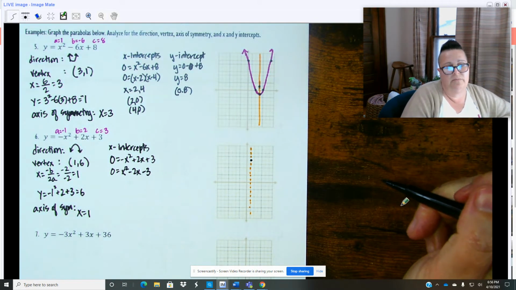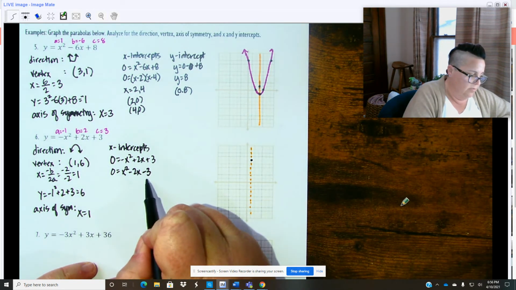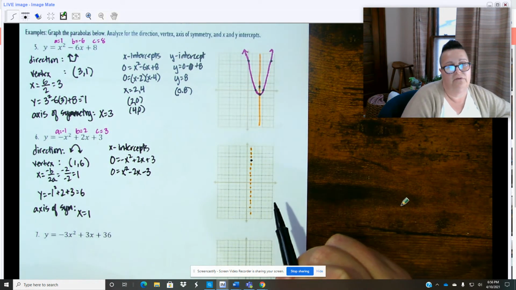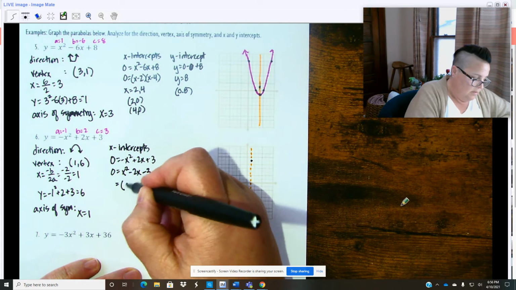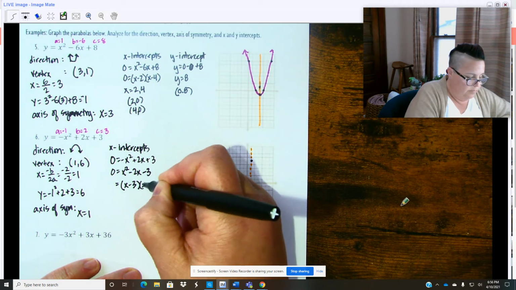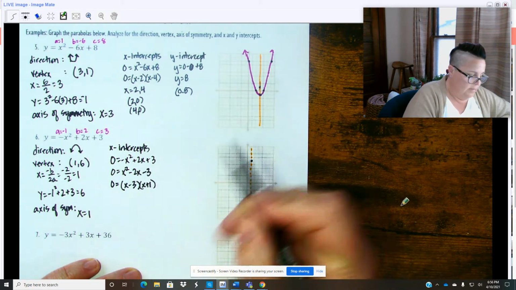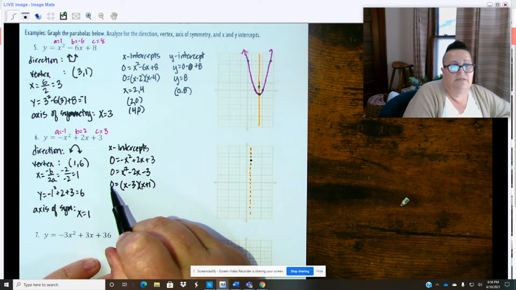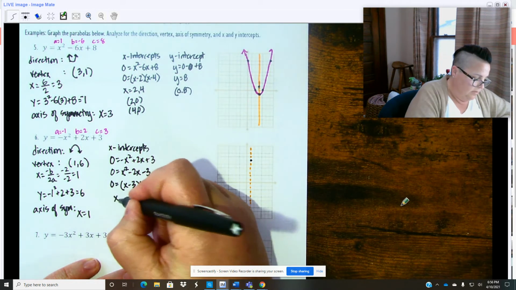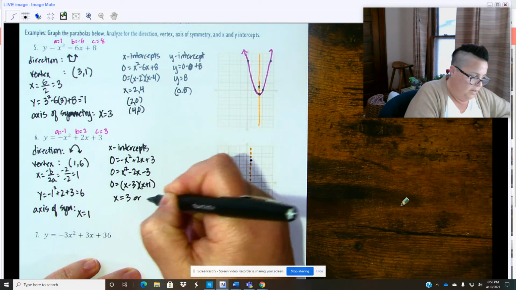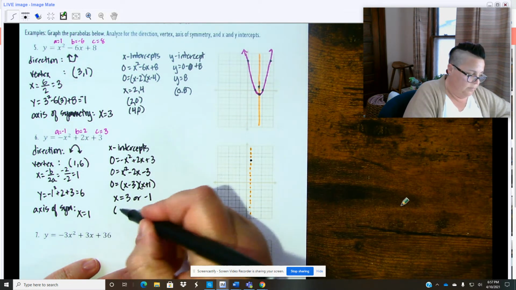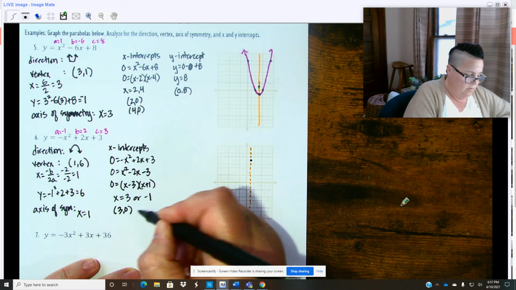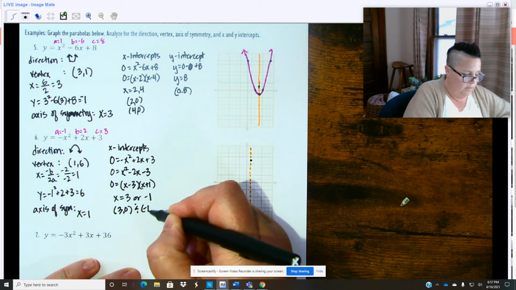Can I think of 2 numbers that multiply to give me a negative 3 but add to give me a negative 2? Yep, I can. X minus 3, x plus 1. So in order to zero those out, x would have to be 3 or a negative 1. So my x-intercepts will occur at 3, comma 0 and negative 1, comma 0.